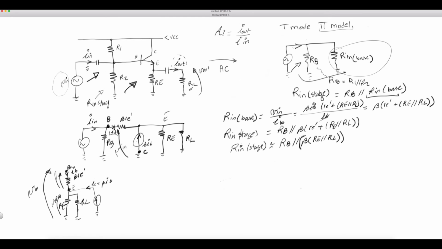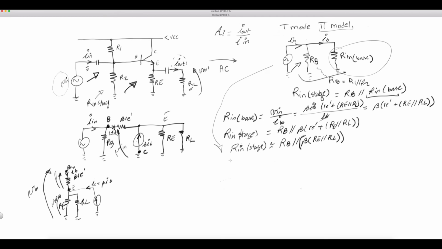Okay, so we have this model now. Can we figure out In based on that issue? If you think about it, what's going on through here is IB, right? So we can figure out IB versus In here. So let's do that here from the input point of view.